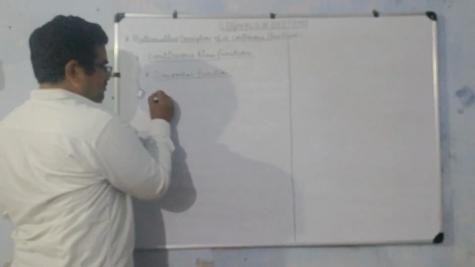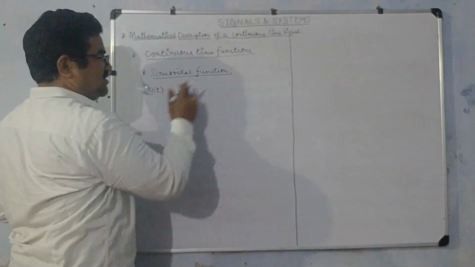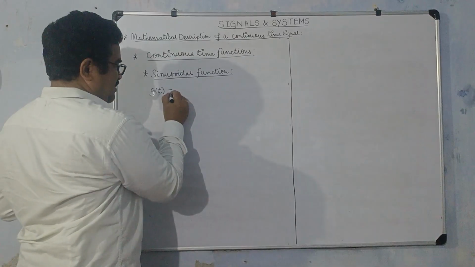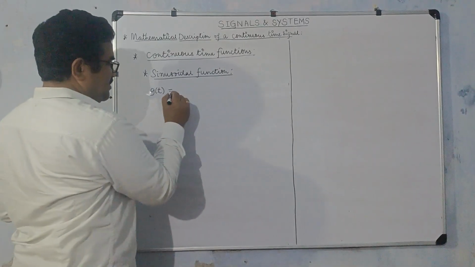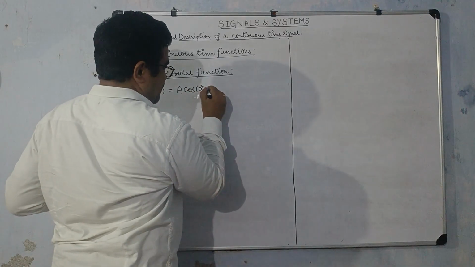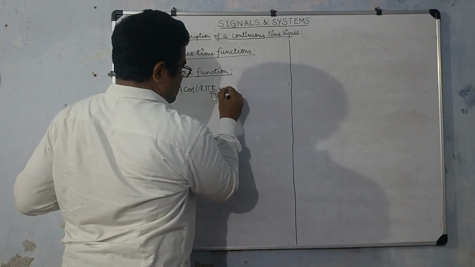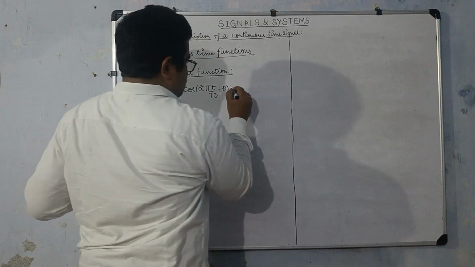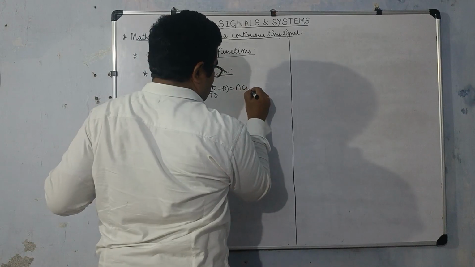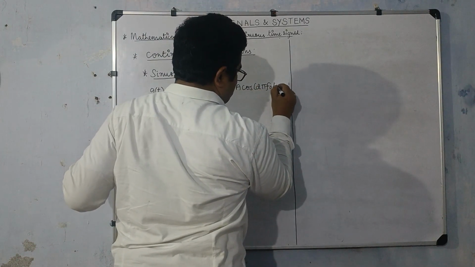If I represent my sinusoidal signal as a function, known as the sinusoidal function, g of t equals A cos 2 pi t by t naught plus theta, which is also equal to A cos 2 pi f naught t plus theta.